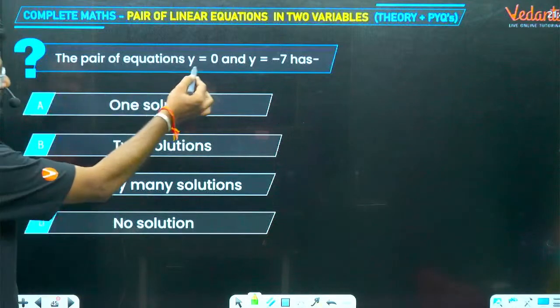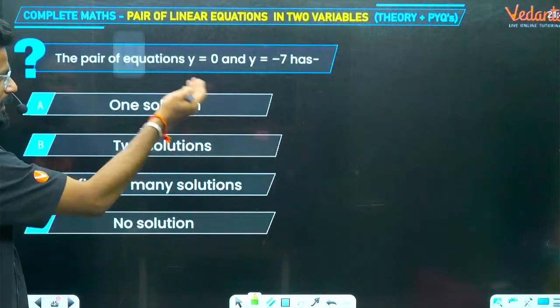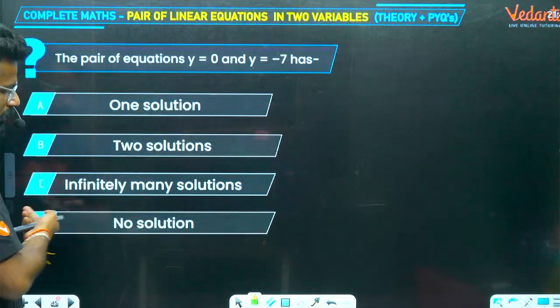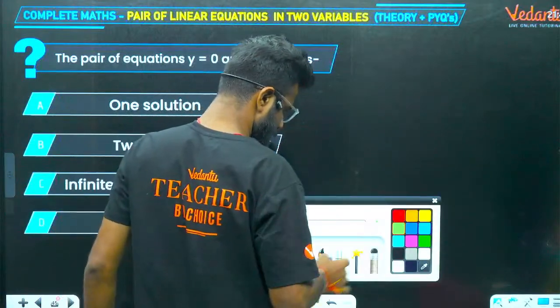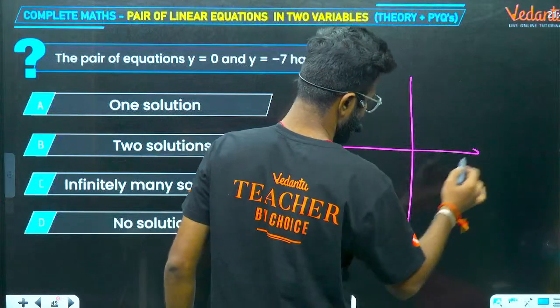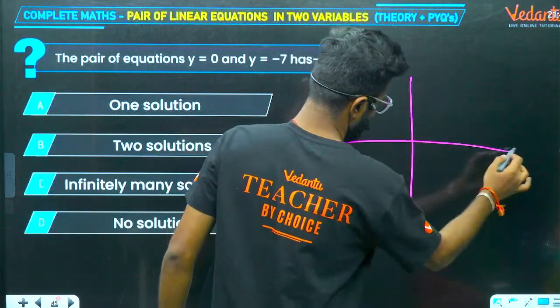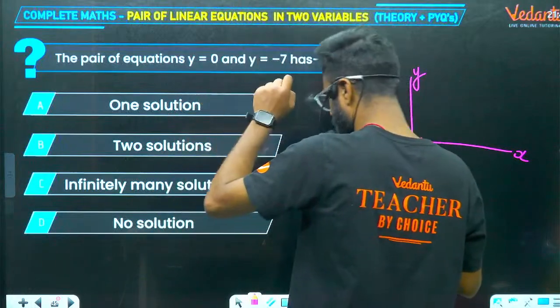The pair of equations y is equal to 0 and y is equal to minus 7 has one solution, two solutions, infinitely many solutions, or no solutions. See, this is your y-axis and this is your x-axis. Y is equal to 0.